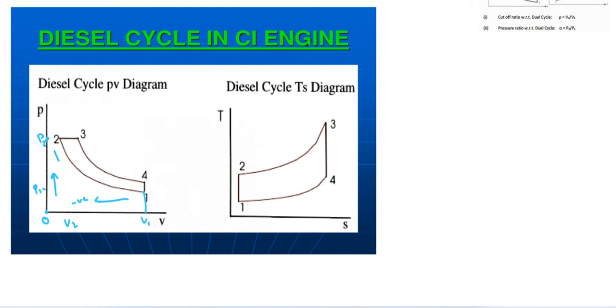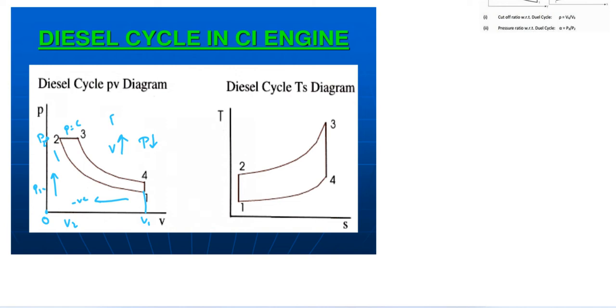At this stage 2 to 3, you can see that the pressure is constant. When it comes to 3 to 4, volume gradually increases and pressure gradually decreases.